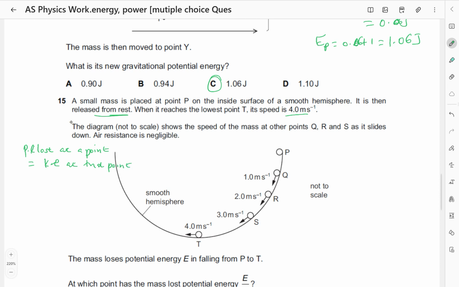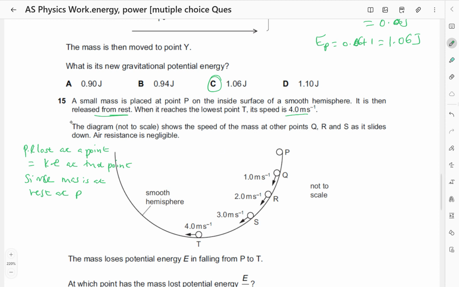Because it was released from rest, the initial kinetic energy was 0. Since the mass is at rest at P, that means at any point, the potential energy lost at that point must be equal to the kinetic energy at that point.